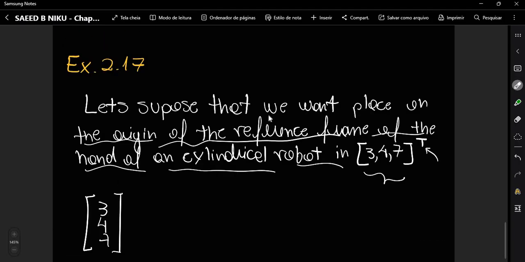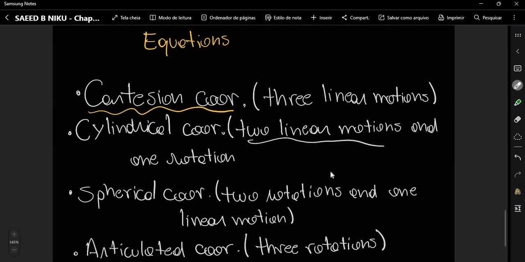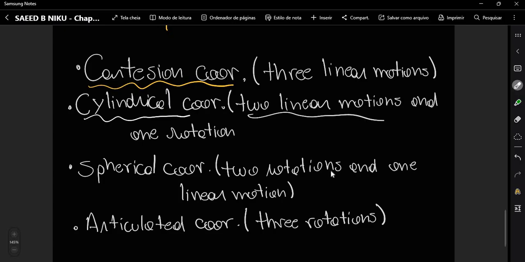As we are referring to a cylindrical coordinate system, we are referring to a system in which two linear motions, which means translations, and one rotation will occur. So it's going to be two transformations of translation and one transformation of rotation.